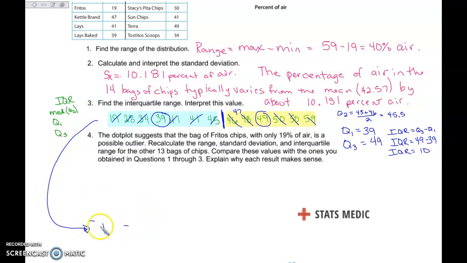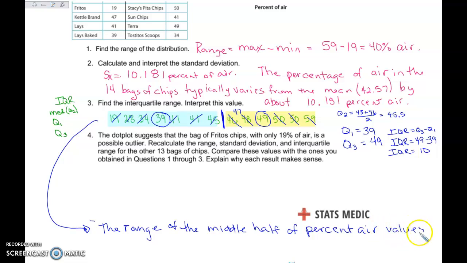So you can say the range of the middle half of percent error values for these bags of chips is 10% error.